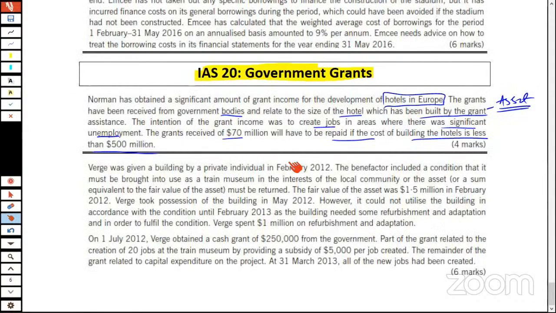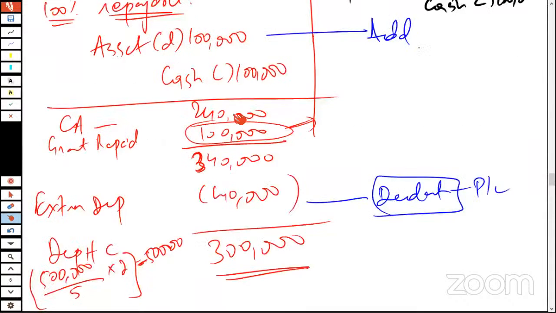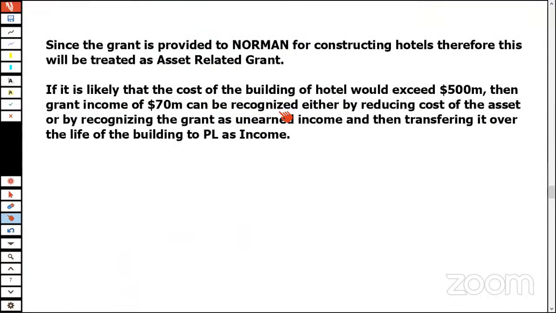Okay, now see, you're asking how do we answer if the cost of the building does not exceed the amount?